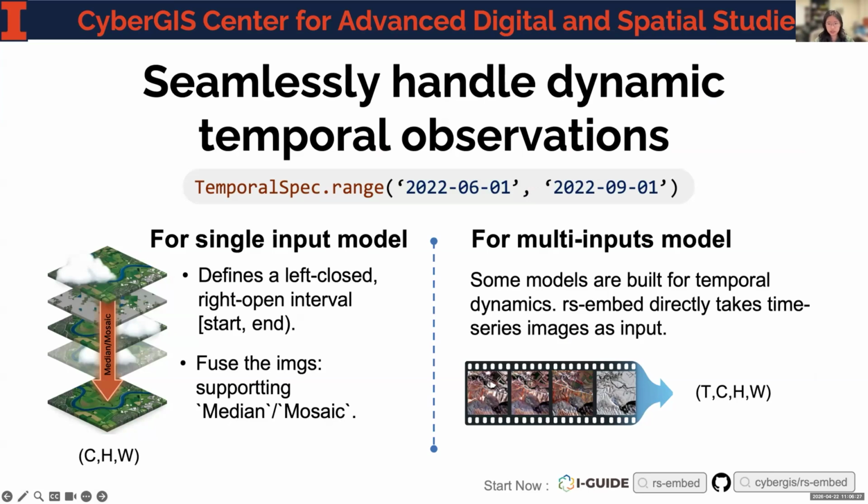Some of them just accept single input images, while others are designed for temporal dynamics and can directly take time series input. rs-embed supports both. For single-image models, it can fuse the images across a time range using strategies such as median or mosaic. For a temporal model, it can directly pass a sequence of observations to the model, then get the embedding.